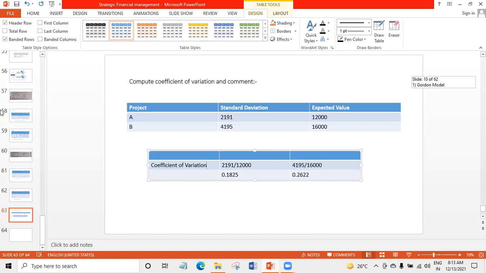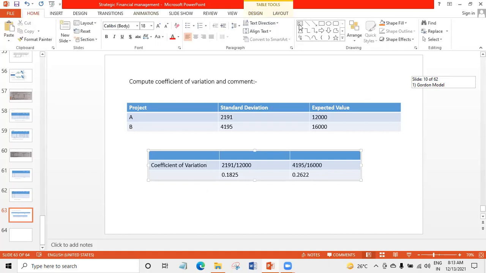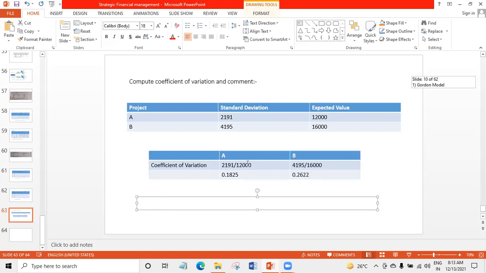What is the conclusion? Coefficient of variation of project A is 0.1825, which is less than project B. A higher coefficient of variation indicates more risk in the project. Project B is having greater coefficient of variation, so project B is risky.